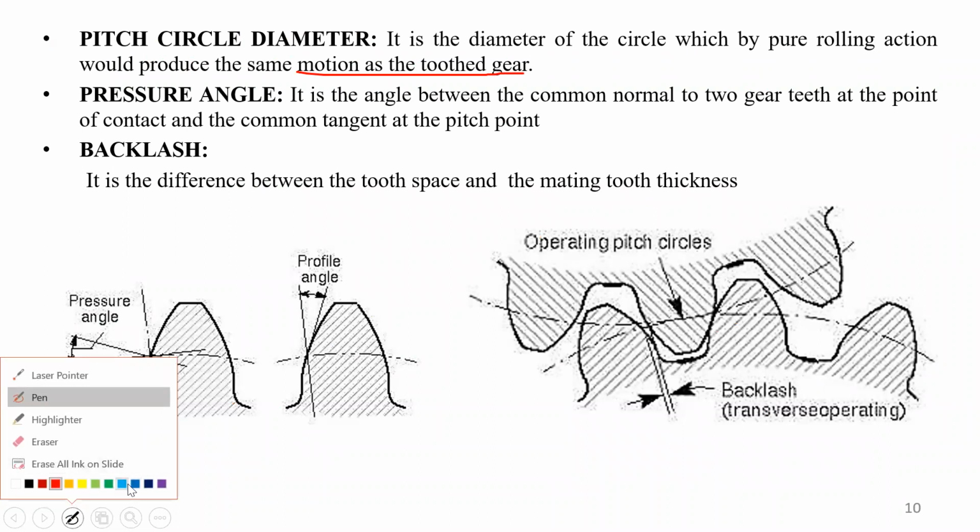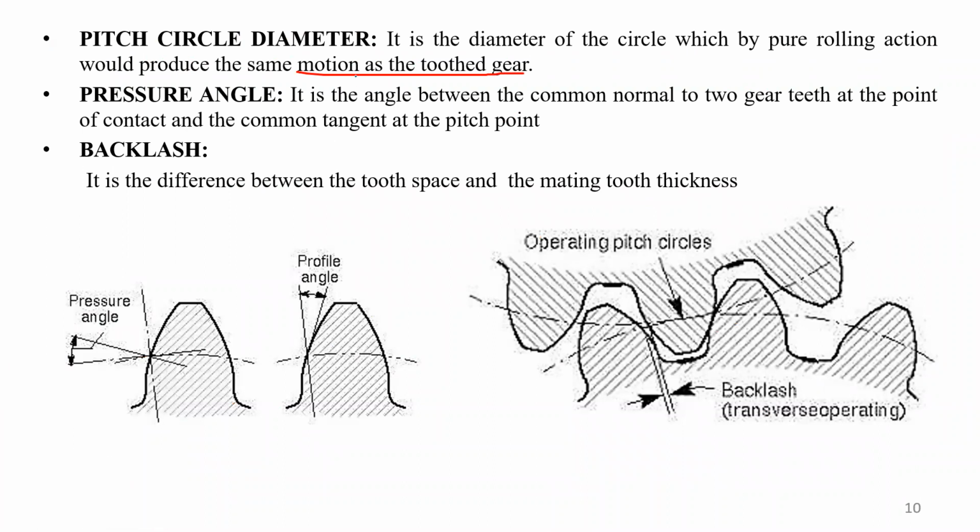This is represented by capital D. And we need to understand what the pressure angle is: when the two gears are in engagement, pressure is generated between the contacts of the two flanks of the teeth.